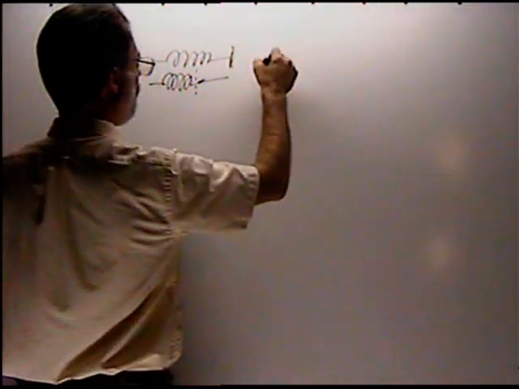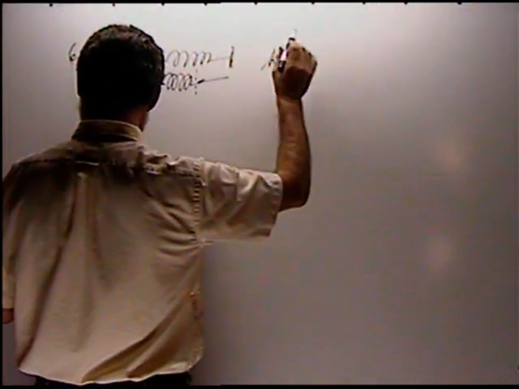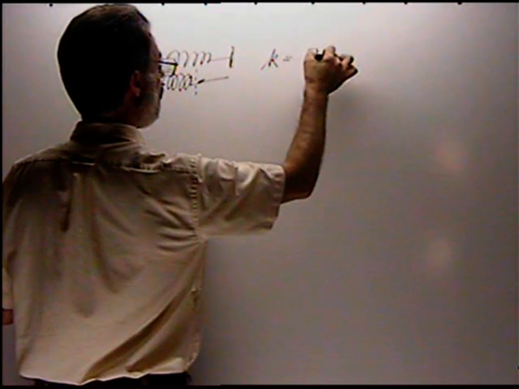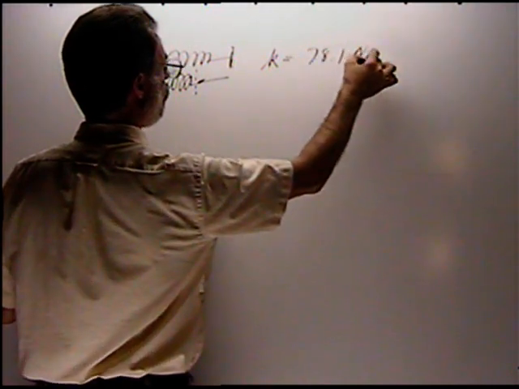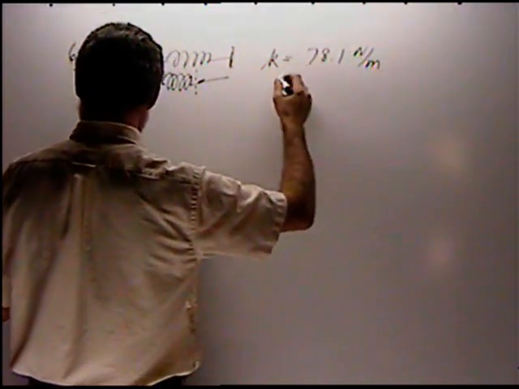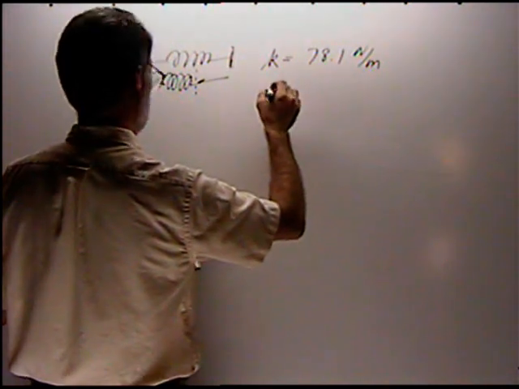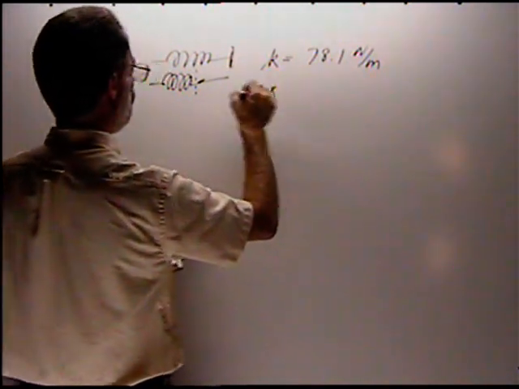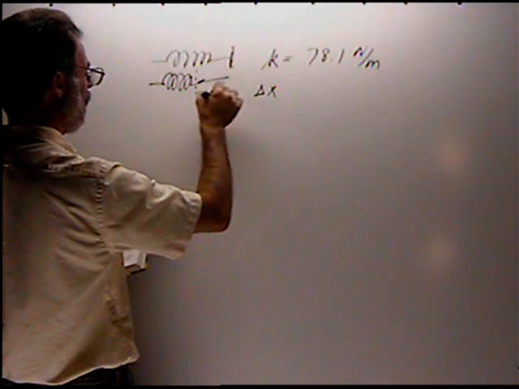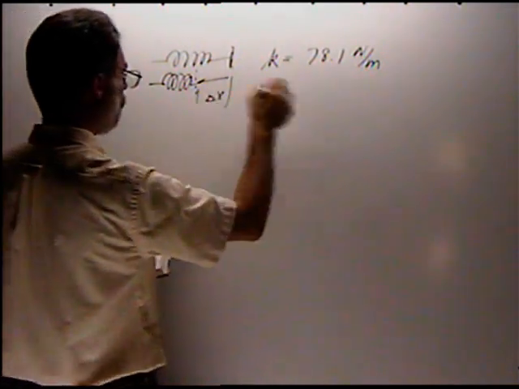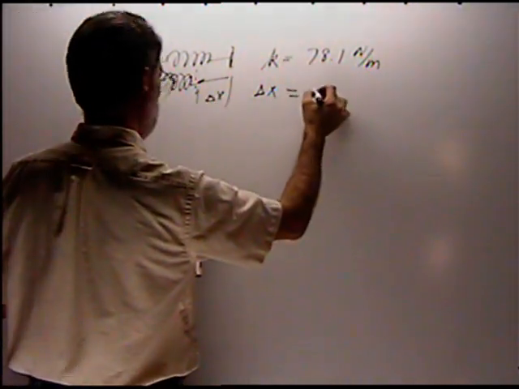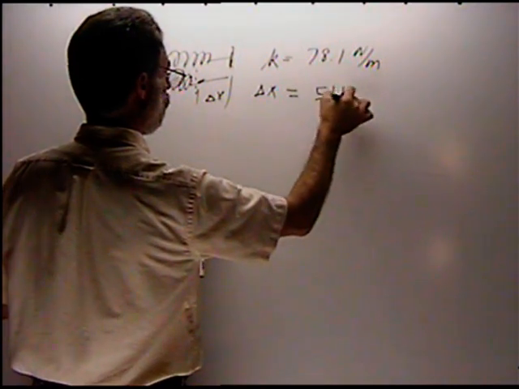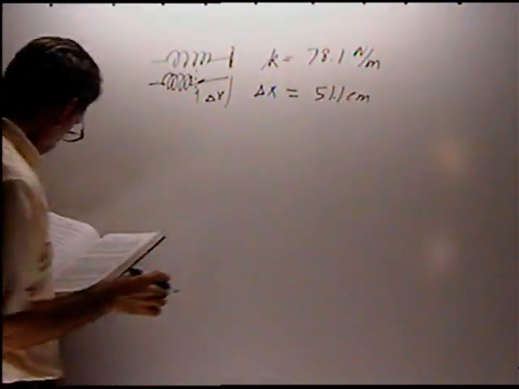The spring constant is 78.1 newtons per meter, and the distance you want to compress it, this distance delta x, they tell you is 51.1 centimeters.